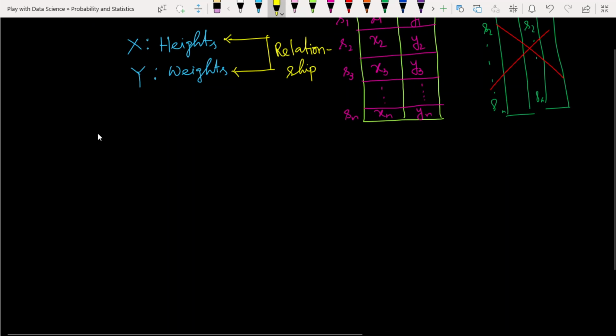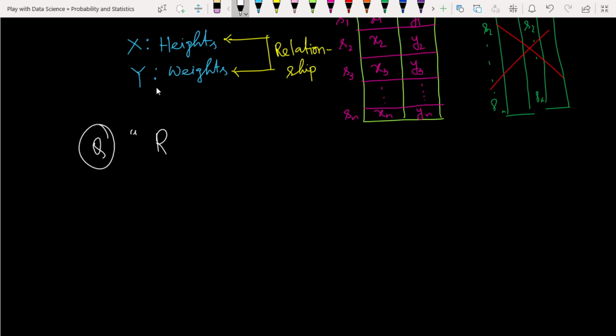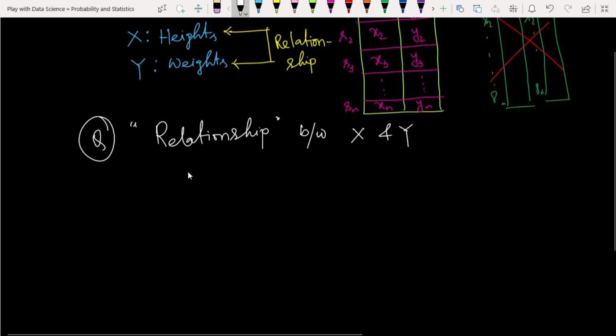So the question we want to answer is: what is the relationship between these two random variables, between x and y?